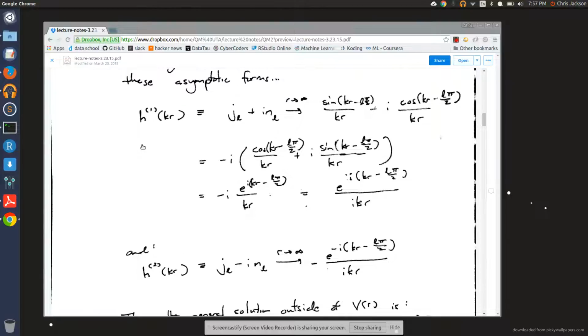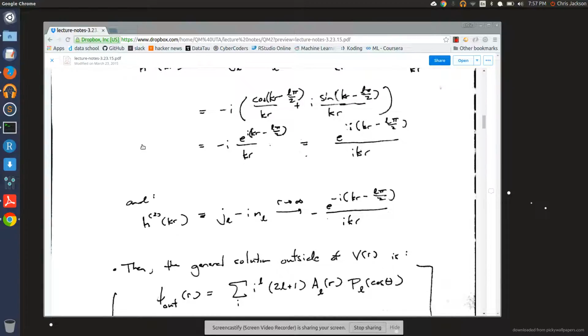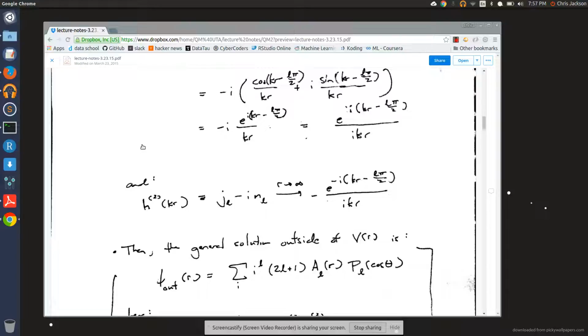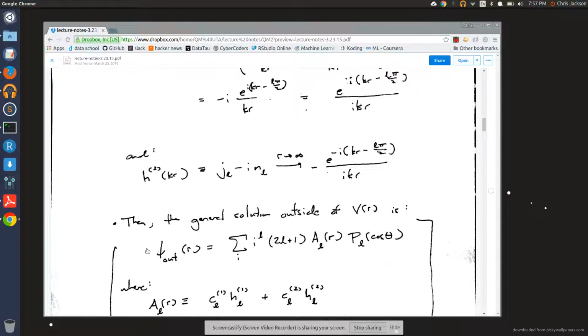Don't get too caught up in this because it's just details, and it makes the asymptotic solutions simpler to extract and evaluate. So what we're looking at is an outgoing wave function. We're going to write it in terms of Legendre polynomials, and this stuff, i to the l, 2l plus 1, is all just factors that usually come along when you separate functions into radial and angular coordinates.